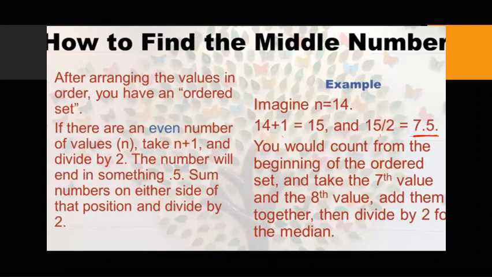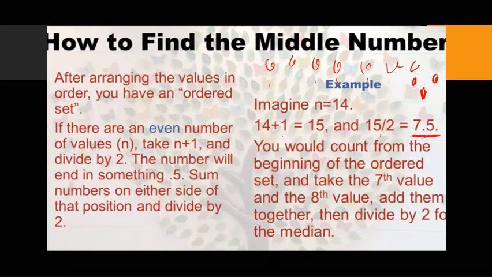Let's say you have all your values lined up in order. Just pretend these are values. Then you take whatever you got from your formula and start working your way up. So you go 1, 2, 3, 4, 5, 6, 7, and it says 7.5, so you're somewhere in between, right? And then here's your 8th value.